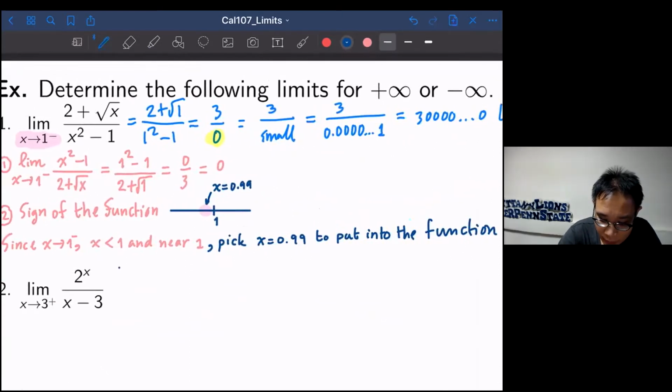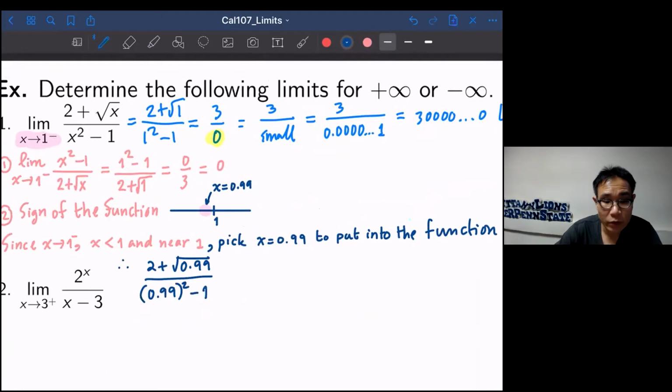So you get 2 plus square root 0.99 over 0.99 squared minus 1. You pick this number and put it into the function, and the thing that you will get will be a number.